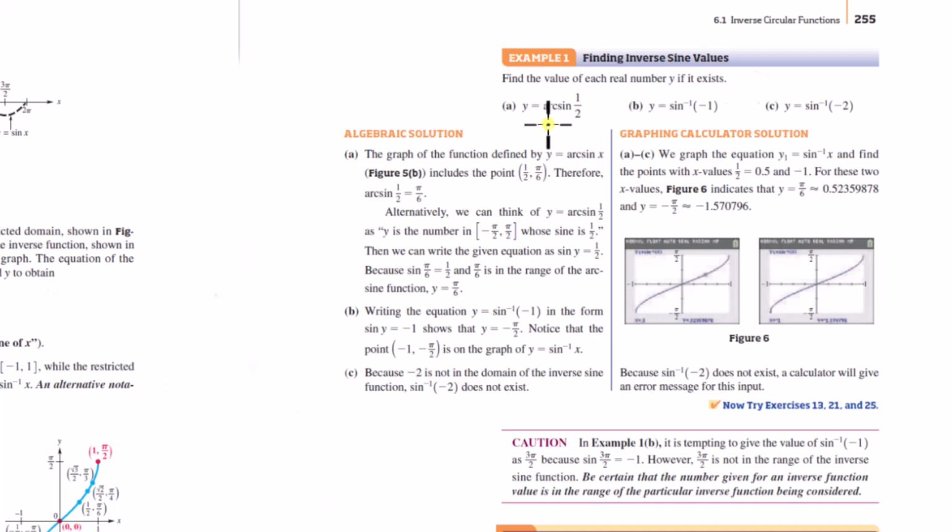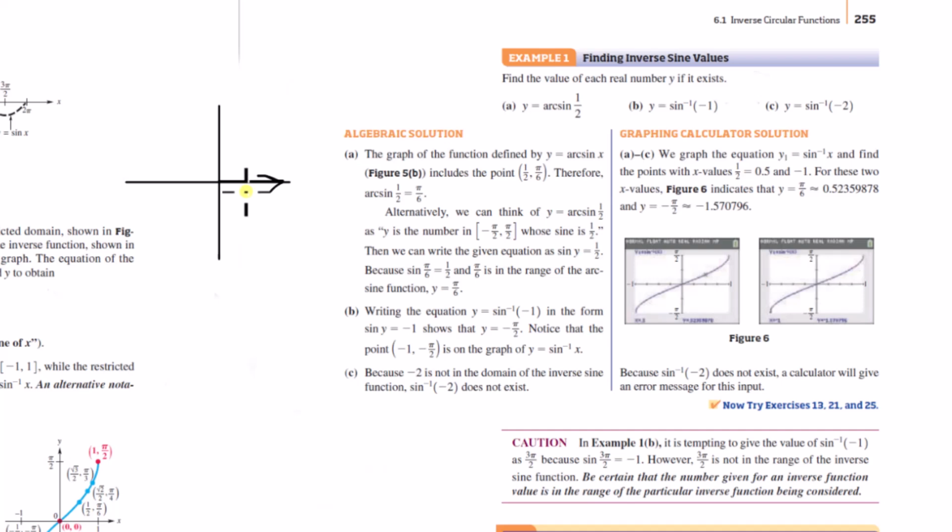We're not solving anything, we're just asking, what is arc sine of 1/2? It's what angle, when you take the sine of that angle, gives you 1/2. We know the inverse sine function is only going to give you angles between minus pi over 2 and pi over 2, or negative 90 to 90.